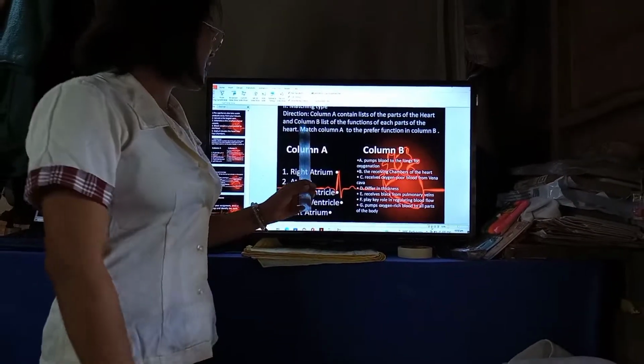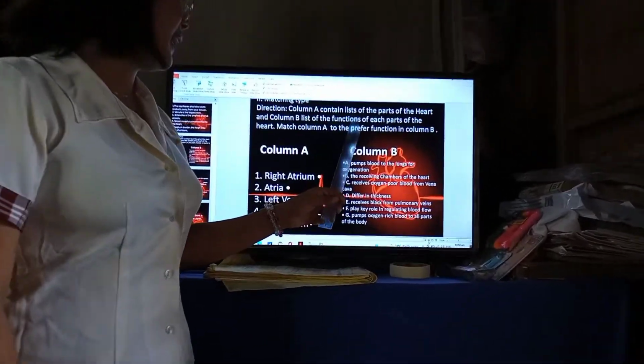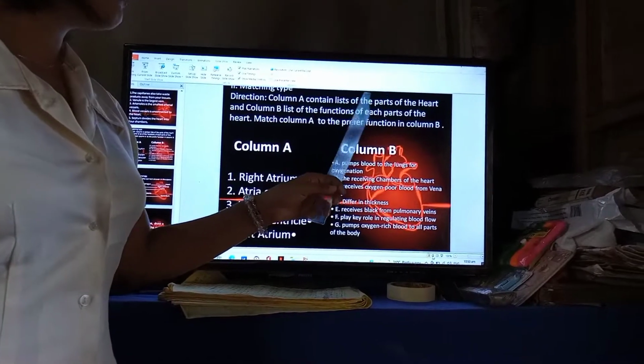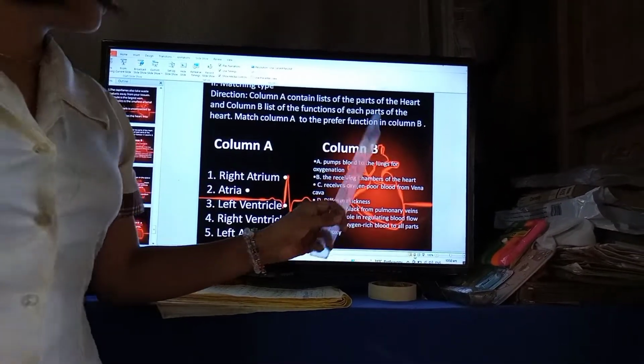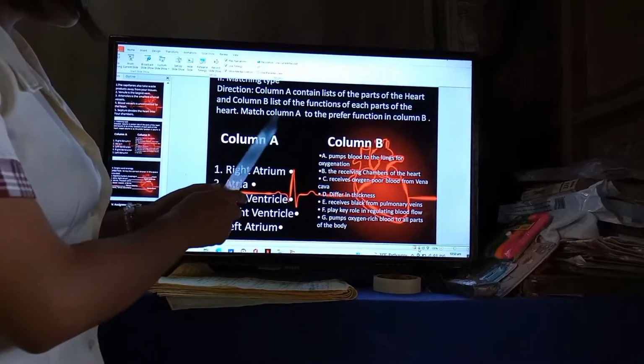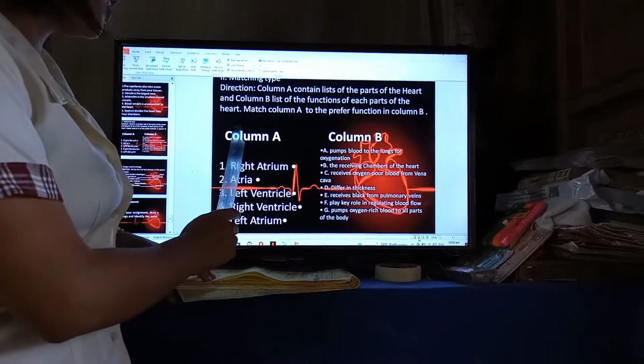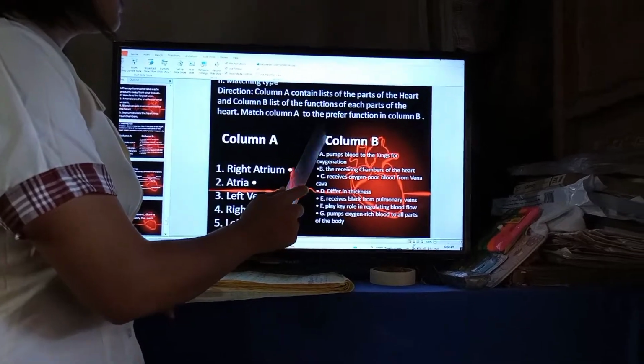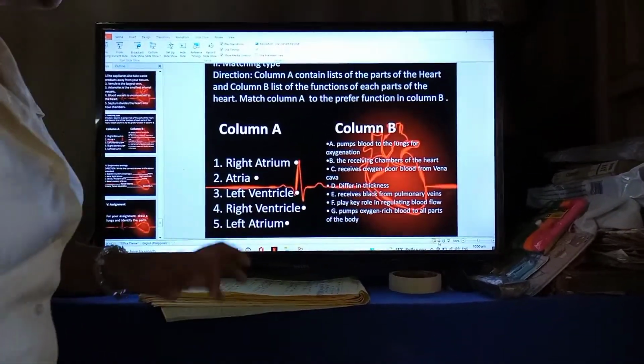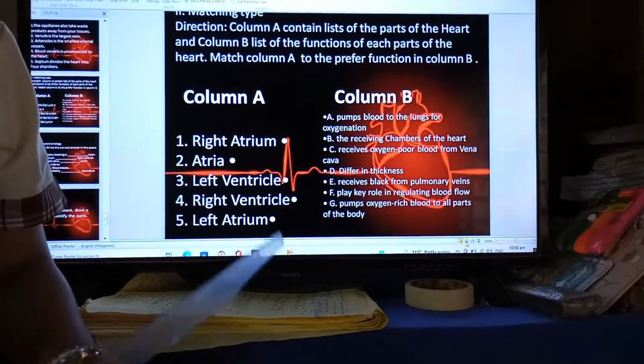Direction: Column A contains a list of the parts of the heart, and column B is the list of the functions of each part of the heart. Match column A to the preferred function in column B. I will give you again 5 minutes for you to answer.